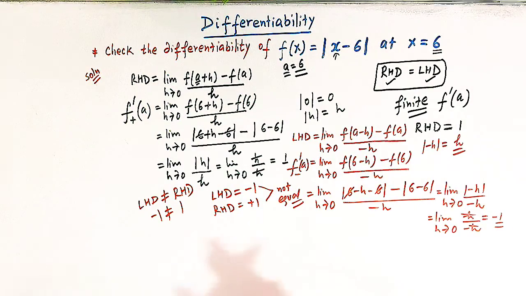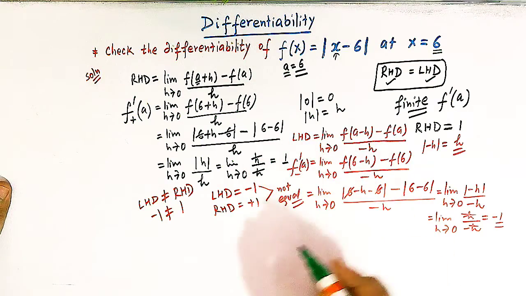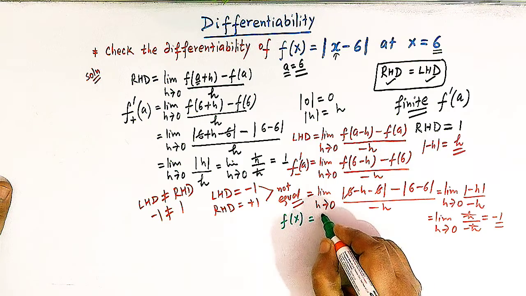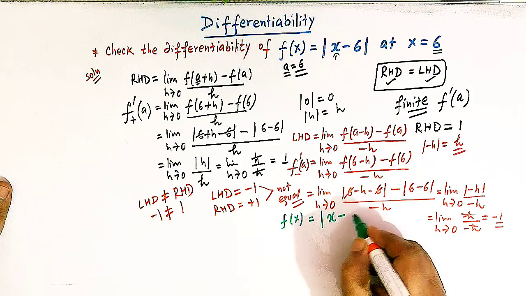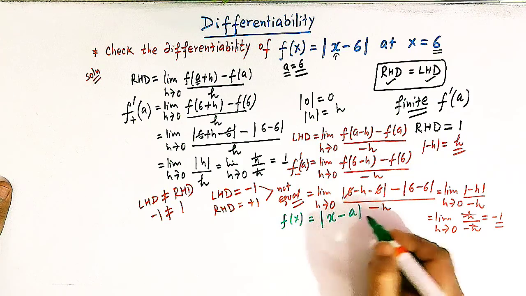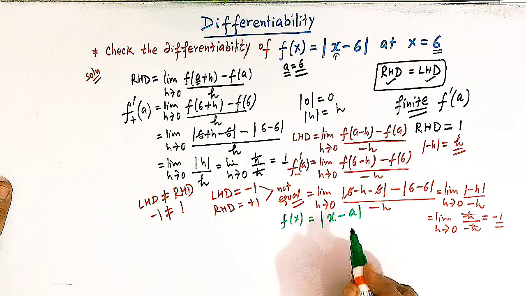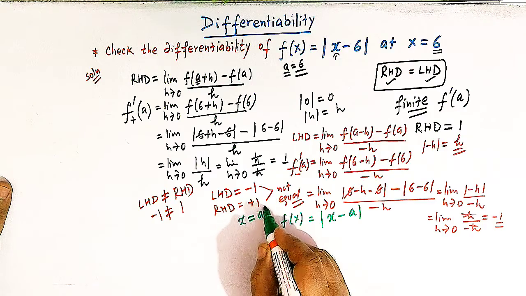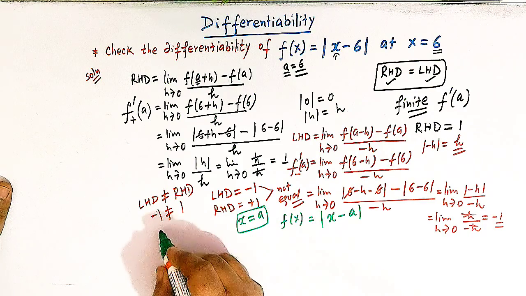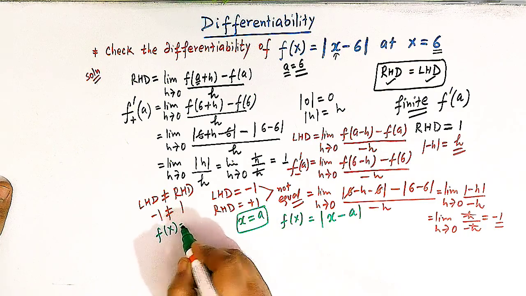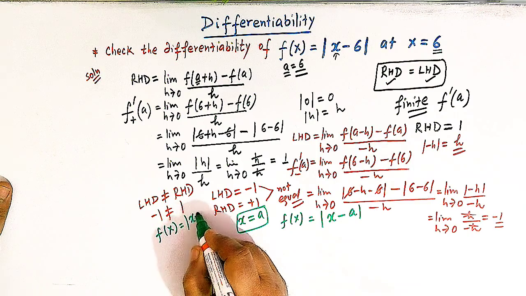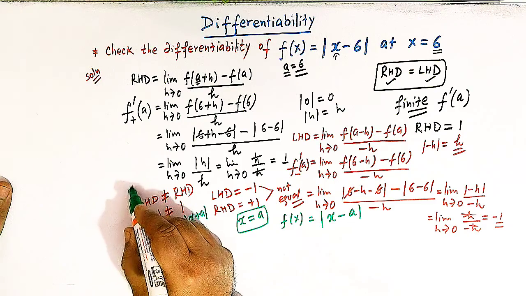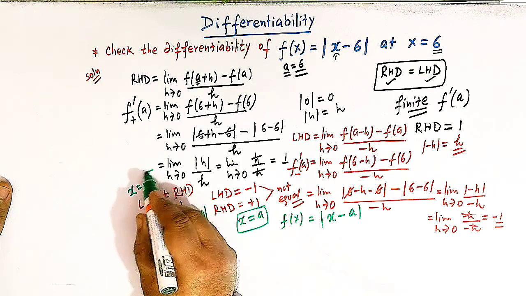So viewers, here we can make a general statement: if we have a function f of x that is mod of x minus some point, say a, then this function is not differentiable at x equal to a. And if we have a function of the form mod of x plus a, then this function is not differentiable at x equal to minus a.